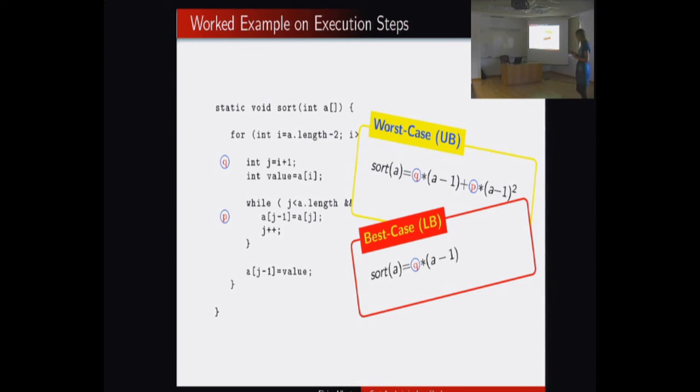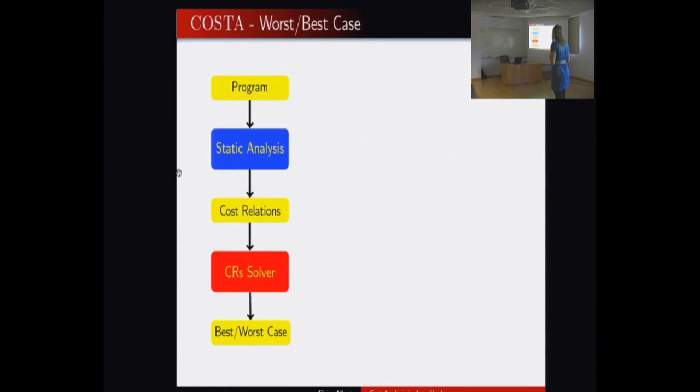Now what I'm going to explain in more detail is how we go automatically from the program to these formulas, which are the upper and the lower bounds that we are going to generate. As I was saying before, these are the two main phases of the analysis.